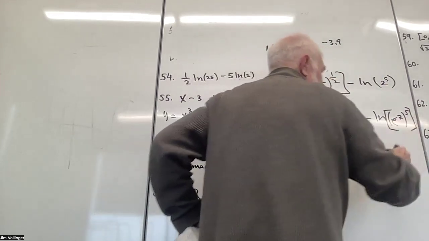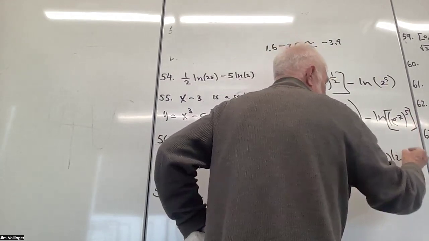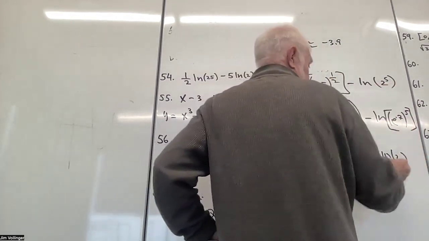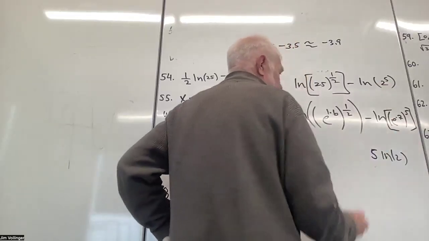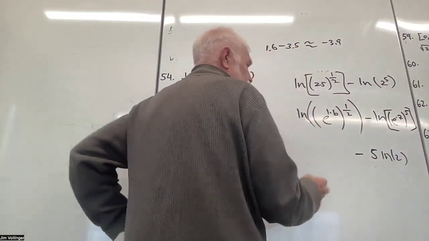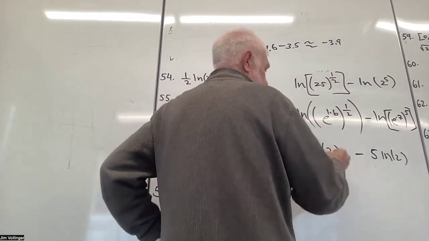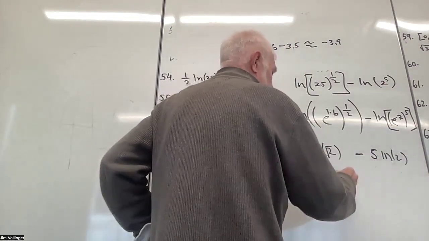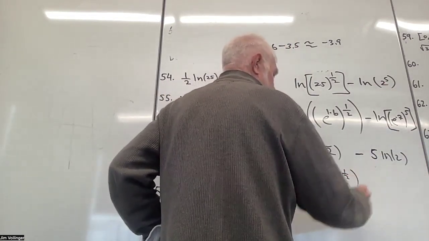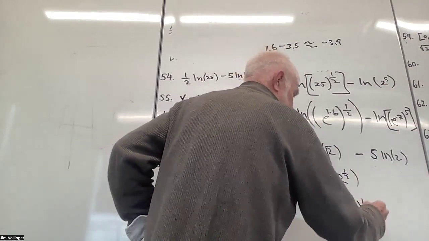All right, so that is 5 times the ln of 2, right? Coming right back to it. Minus the ln of 2 with a square root, which is the ln of 2 to the 1/2, which is e to the 0.7 raised to the 1/2.